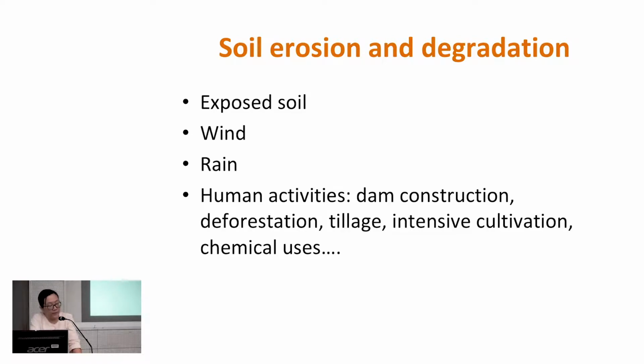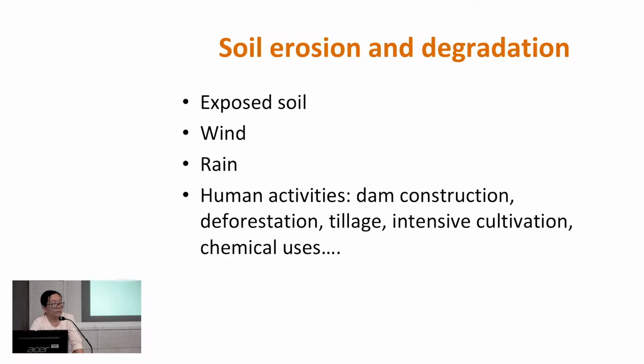Due to human activities and also natural conditions, soil can be eroded or degraded. Here are some reasons that can cause soil erosion and degradation. First, exposure of soils to sunlight, wind and rain is a natural reason for soil erosion.